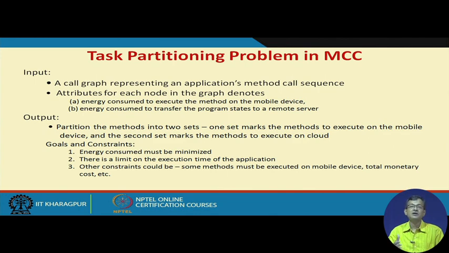So, one is the energy consumed in the mobile device and to transfer things. We consider that the other end, the cloud end, is pretty resourceful and efficient, so the energy consumed in executing there is negligible compared to the energy consumption at the device end.